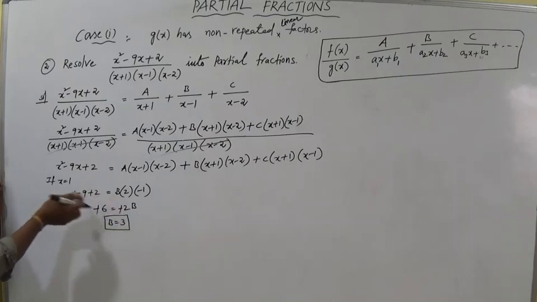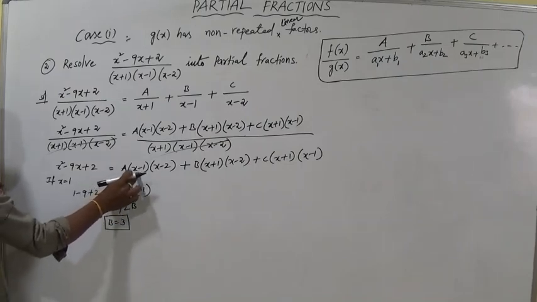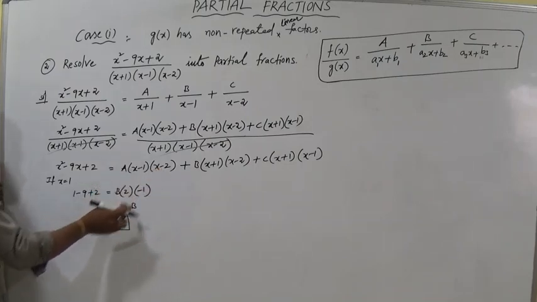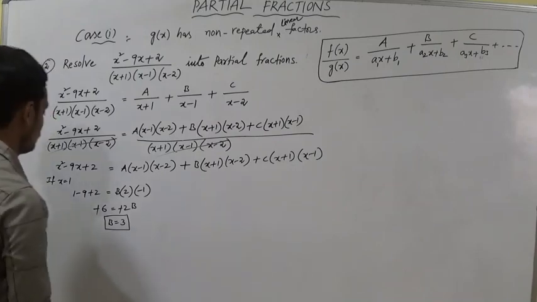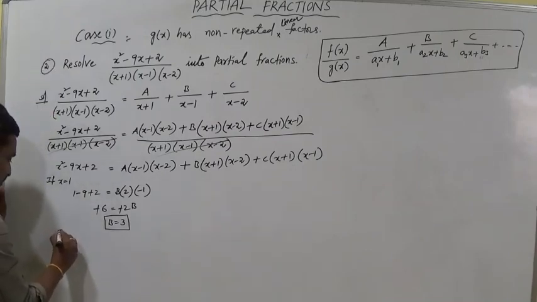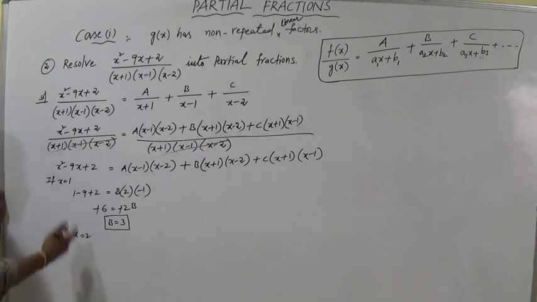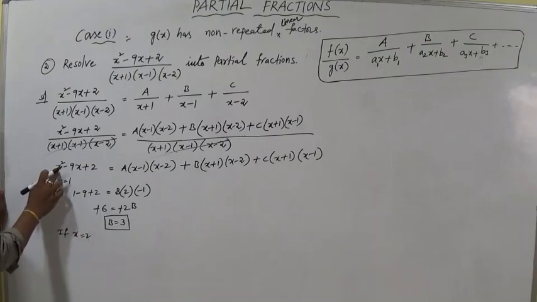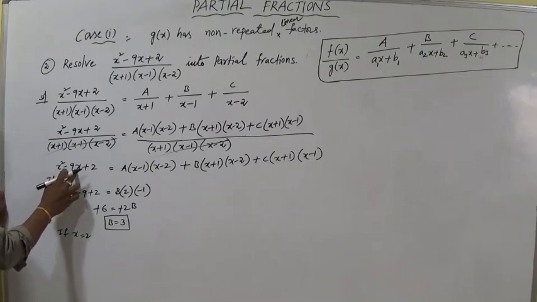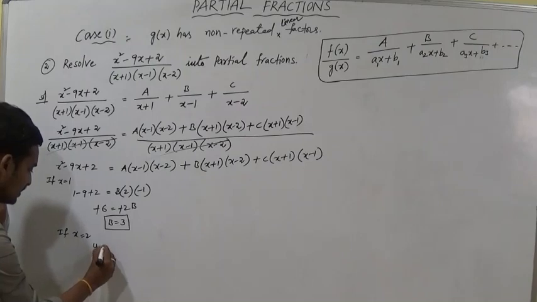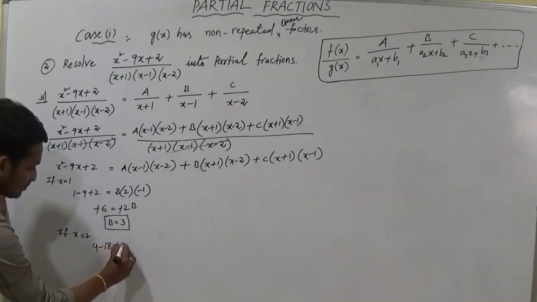Now I am taking x is equal to 2. We can do the direct substitution. 2 square is 4, minus 9 twos are 18, plus 2.